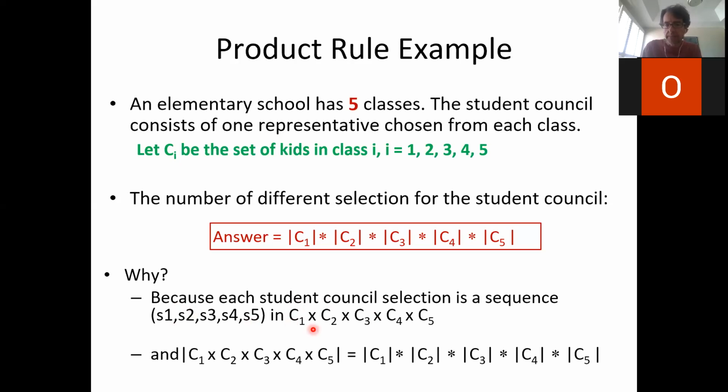As many as elements in this set. But you know how many elements are in this set. The cardinality of this whole Cartesian product is just the cardinality of each of these individual sets multiplied, right? Okay. Yeah, so ask a question if there's something not clear in what I'm saying.